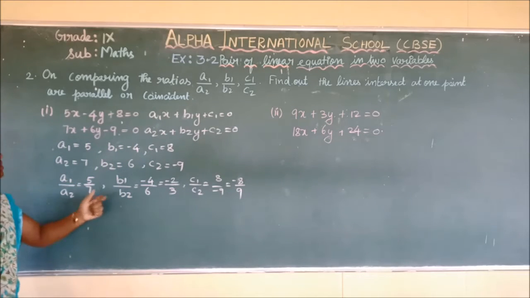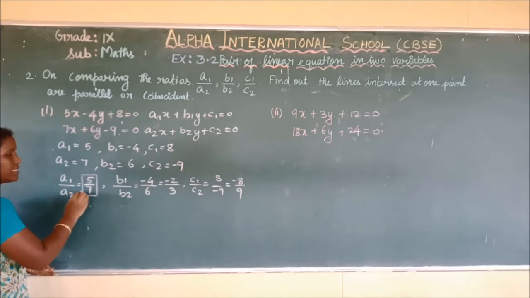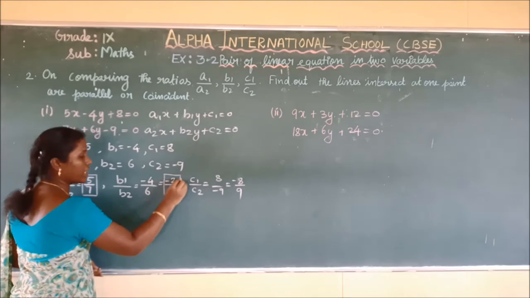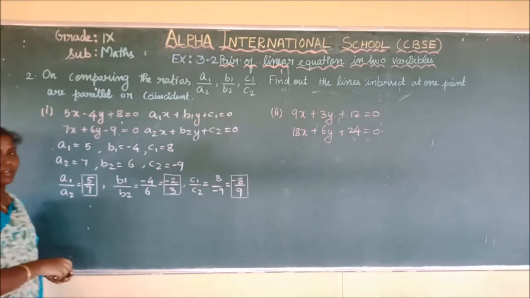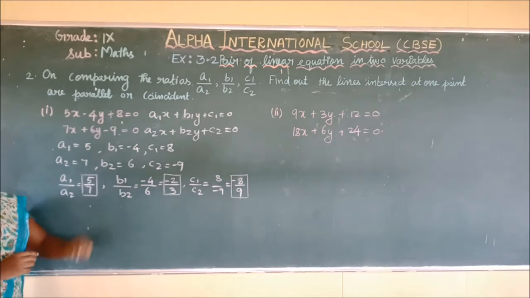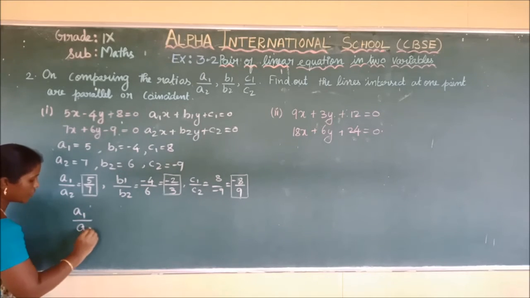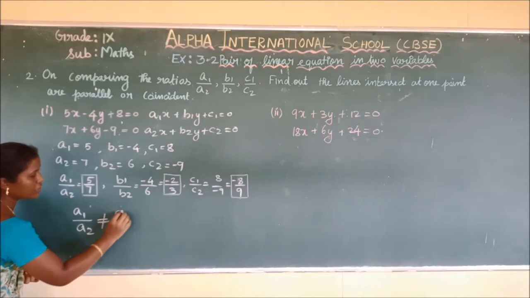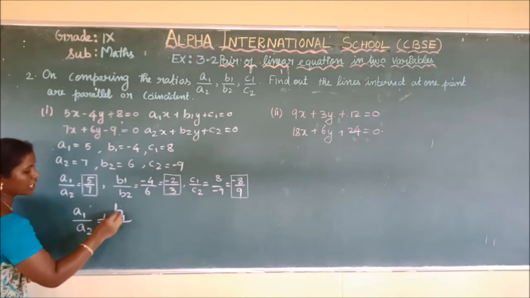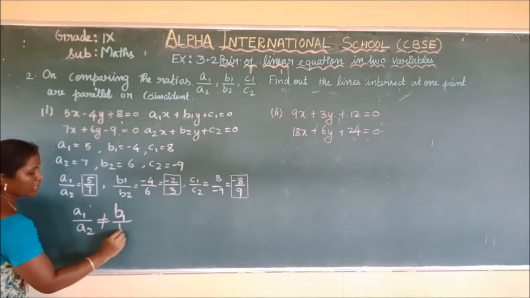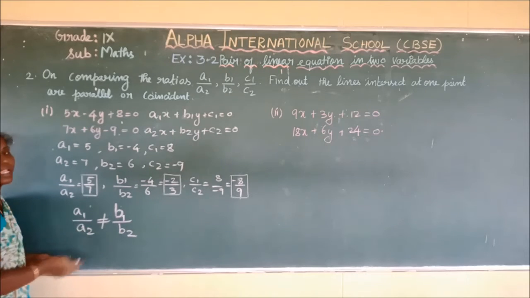Compare these ratios. The first is 5 by 7, the second is -2 by 3, and the third is -8 by 9. First compare the coefficient ratios. Here A1 by A2 is not equal to B1 by B2.